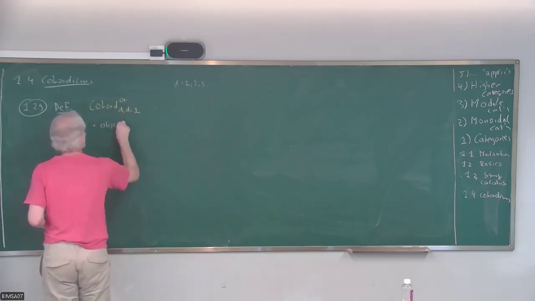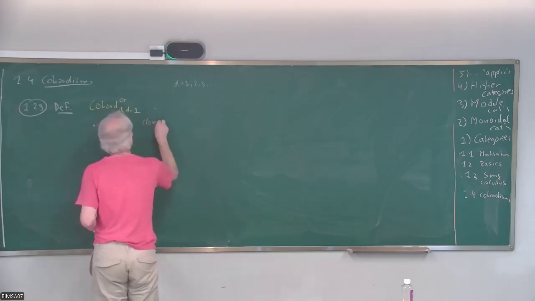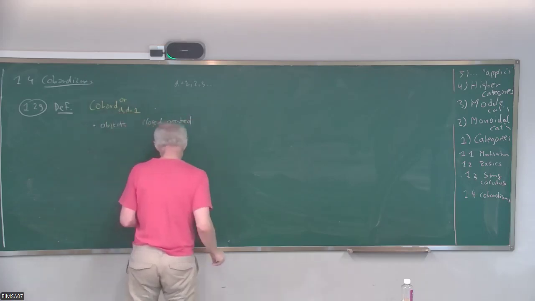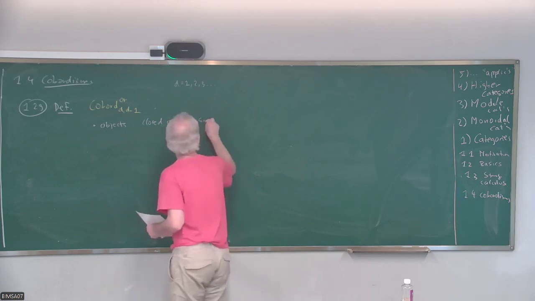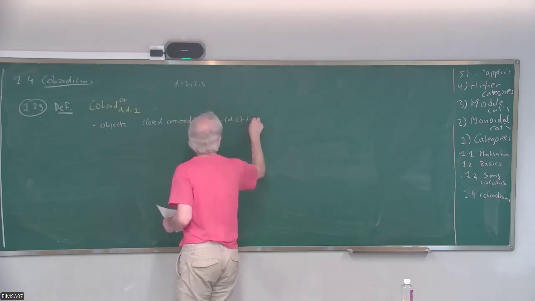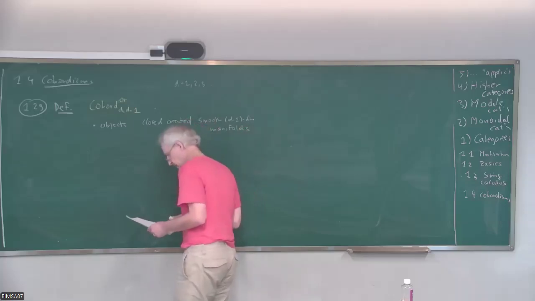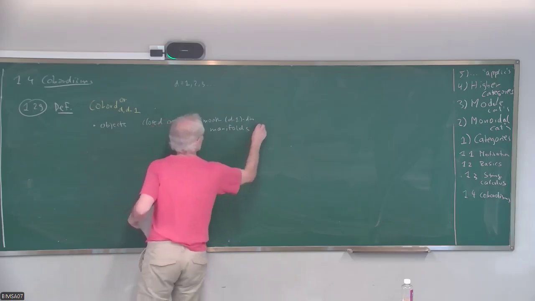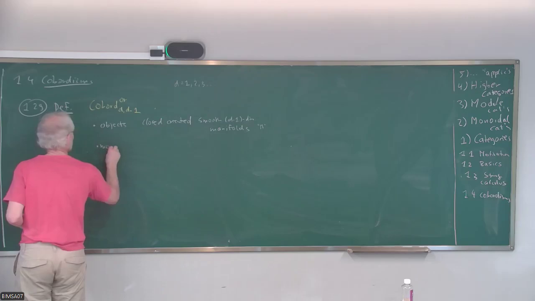Objects are closed, oriented, smooth, d-1 dimensional manifolds. Let's call them M and similar. And then morphisms.